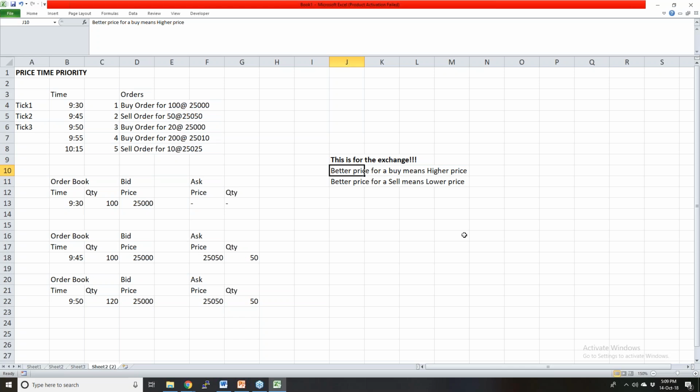I mean, if an asset is worth $100, I would want to buy it at $1, but that's not a good price for the exchange, right? Because there would be no seller at $1. So the exchange really won't care about your order, right? For an exchange, a high buy is better, right?